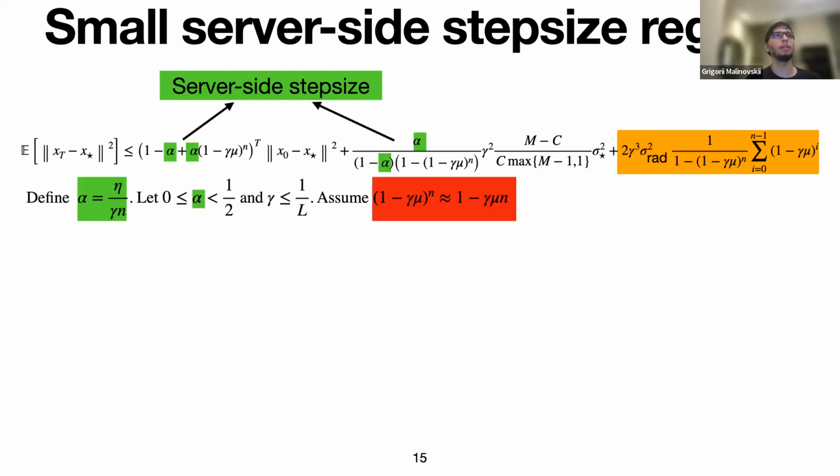So we have alpha, which is eta divided by gamma n, and let us assume that we have an ill-conditioned problem, and we can have this red approximation. And we also choose alpha to be less than 1/2. Okay, we can forget about the third term in this bound because it doesn't depend on alpha.